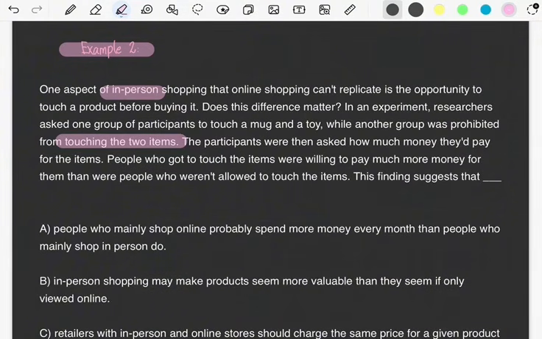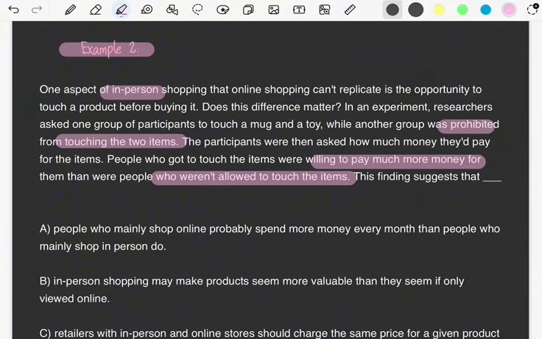So the experiment consisted of two groups: a group of people that were allowed to touch the items and another that were not allowed to touch. They were prohibited from doing that. Now the result was that the people who were able to touch the items were willing to pay much more money for the items than those who weren't allowed to touch the items.